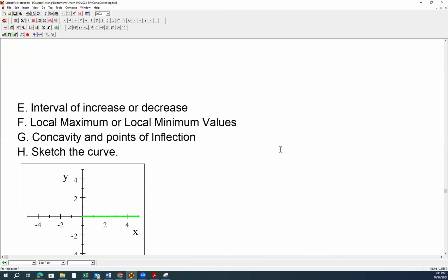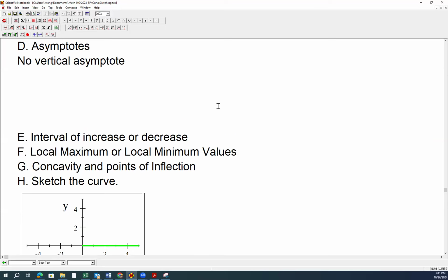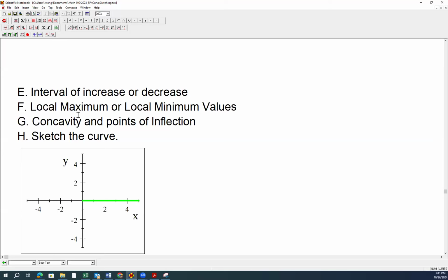So in terms of asymptotes, we have no vertical asymptote. Do we have a horizontal asymptote?